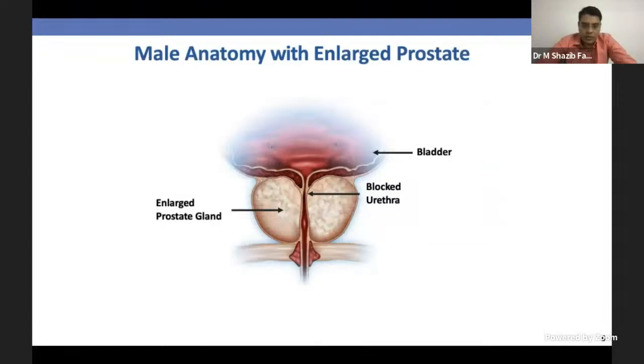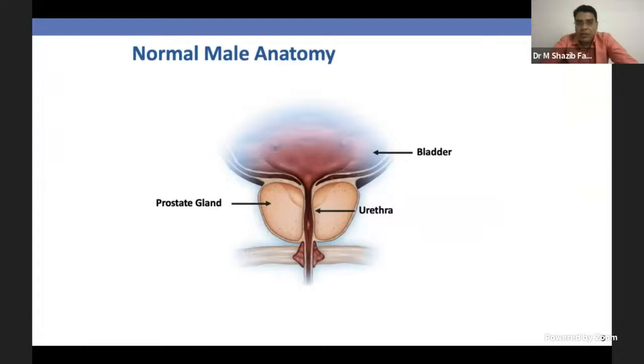Now, what happens? This is the male anatomy which I've already discussed with you. Just revising it again, this is the urinary bladder, below which is a walnut-sized structure, the prostate gland, and this is the urethra passing through the prostate gland.